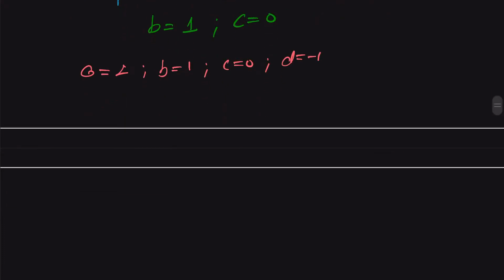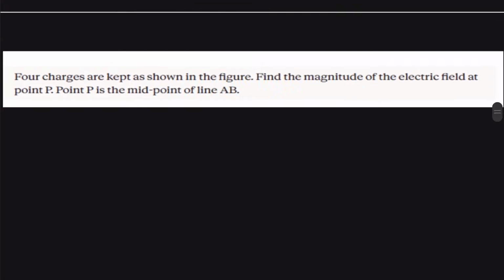And we are supposed to find a plus b plus c plus d, which will be 2 plus 1 plus 0 minus 1, giving us 2. So this is a little bit tricky part to find b and c, but the question was solvable. Okay, next question.